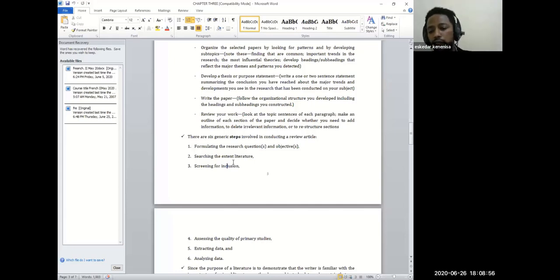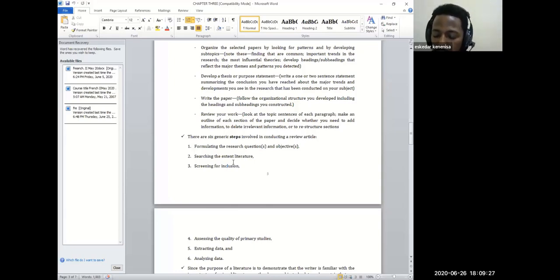After including the information that you took from the literature, you have to make citations. You have to make references. Therefore, you have to be sure that you have correctly cited the materials. You have to make sure that you make references correctly.